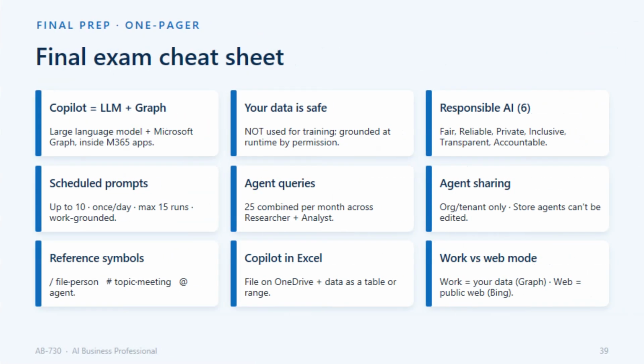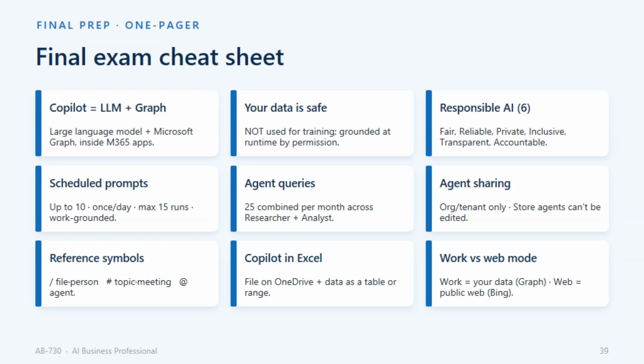Here's your rapid recall sheet. Copilot is a large language model plus Microsoft Graph inside M365 apps. Your data isn't used for training. It's grounded at runtime by permission. The 6 responsible AI principles are fair, reliable, private, inclusive, transparent, and accountable. Scheduled prompts: up to 10, once daily, max 15 runs, work grounded.